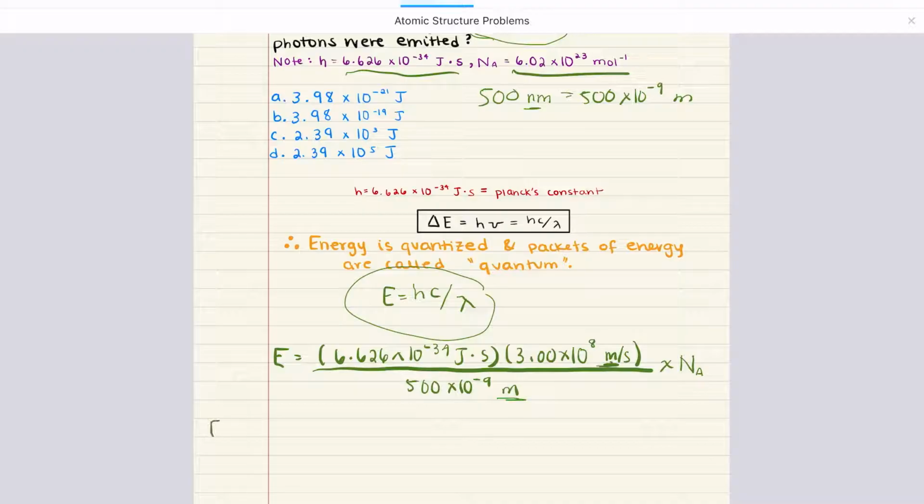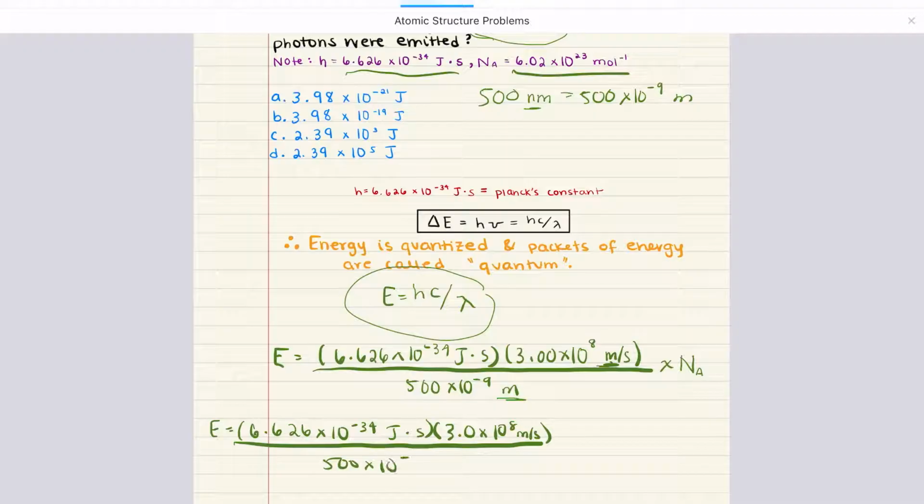Let's write out our full equation again: 6.626 times 10 to the minus 34 joules times second, 3.0 times 10 to the 8 meters per second, all over our wavelength of 500 times 10 to the minus 9 meters, now multiplied by Avogadro's number, 6.02 times 10 to the 23 inverse moles.